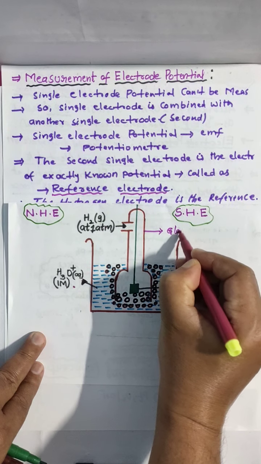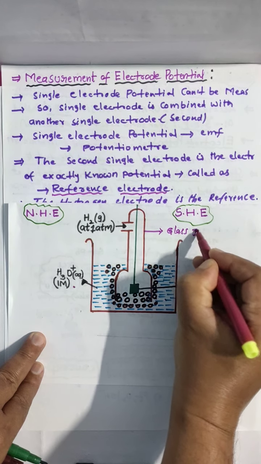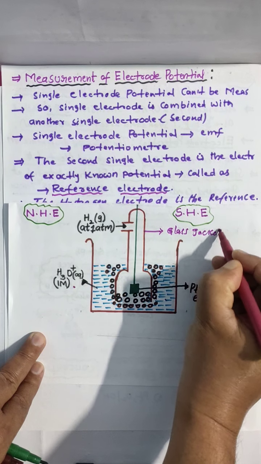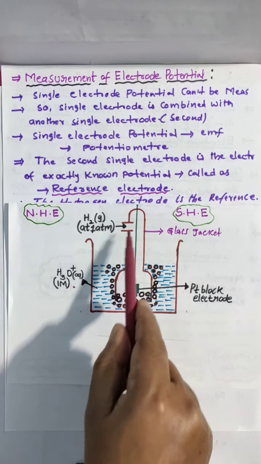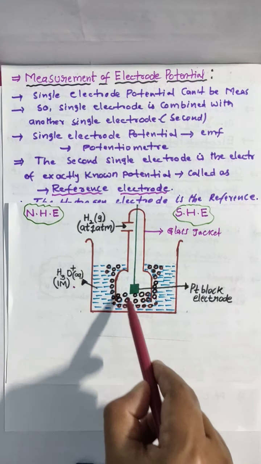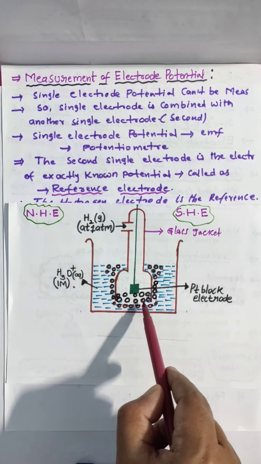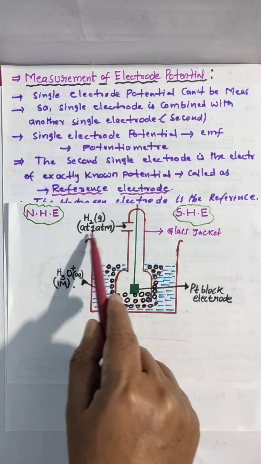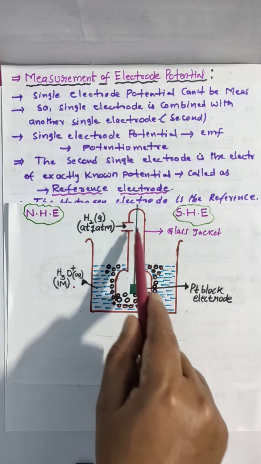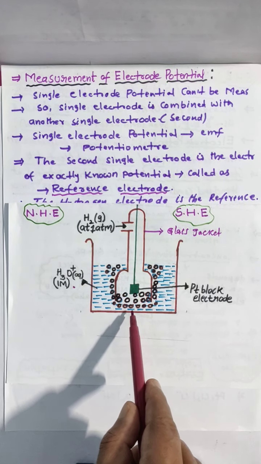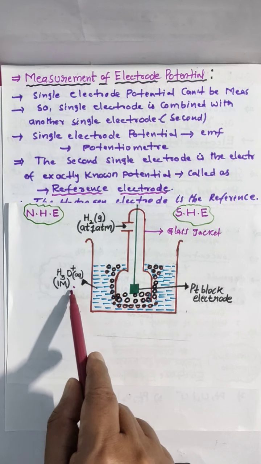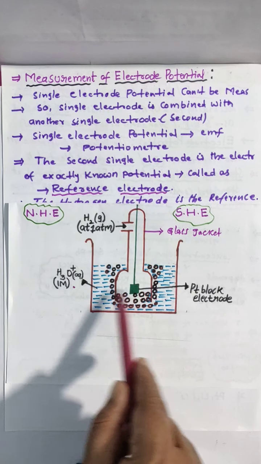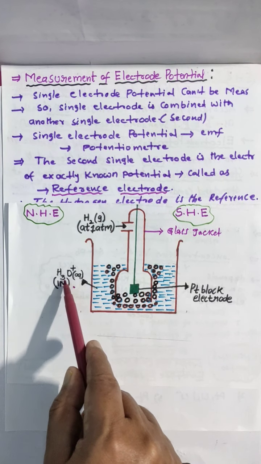This glass jacket, with one side open, is inverted in that vessel, and hydrogen gas at 1 atm pressure is introduced into the vessel which contains the 1 molar solution, HCl or H plus ions, whatever it may be.